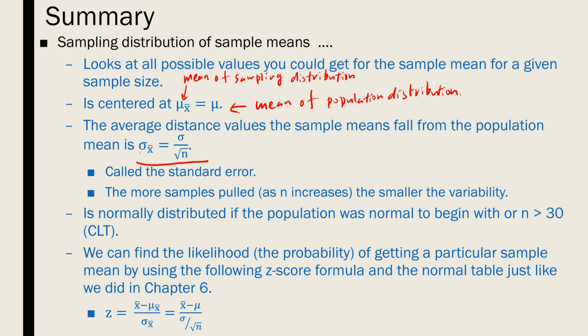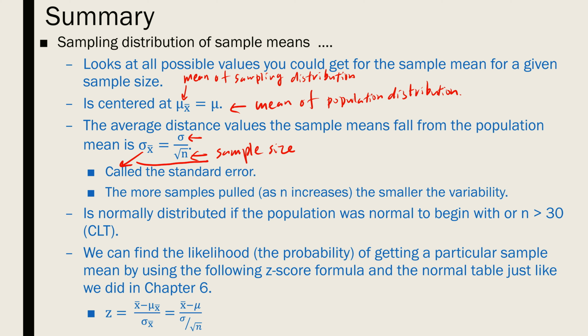So this is the standard deviation of the sampling distribution. This one is the standard deviation of the population distribution. The n here is the sample size. This one is called the standard error. The more samples, as n increases, the smaller the variability.